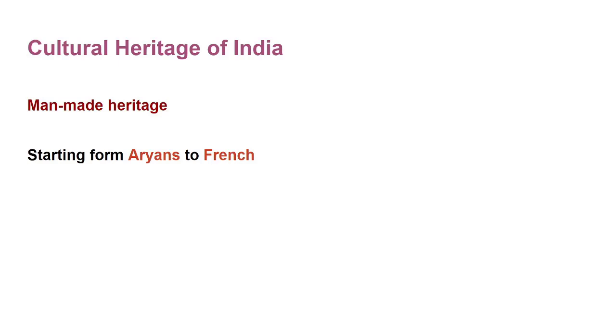So in the previous video we talked that culture is the mutual exchange of thoughts, ideas, traditions or customs within countries. Various tribes and castes came to India and India adopted all the cultures.